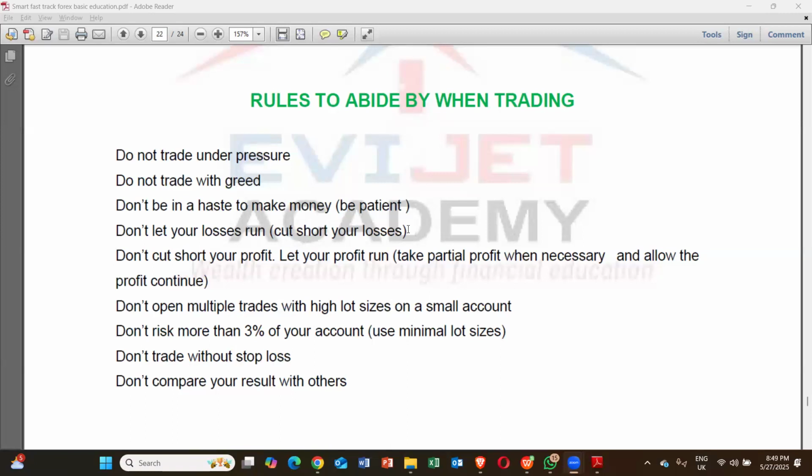If your trading was maybe 1:2 or 1:3 risk to reward, and you cut short your profit like that, the profit that is supposed to cover for 1 or 2 losses you have incurred, you will cut short, and at the end of the day, you will still be in a loss. But if you have allowed those trades to run to their destination, those ones will cover up for the 1 or 2 that hit stop loss, and you will still make profits at the end of the day.